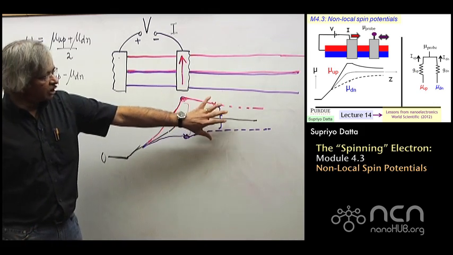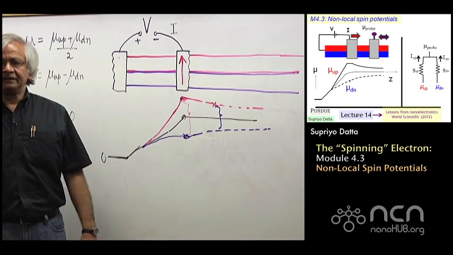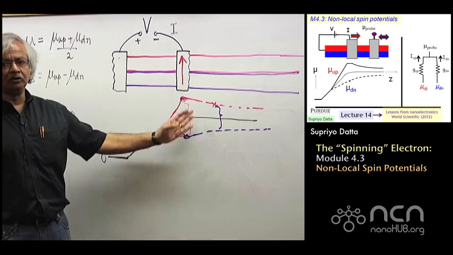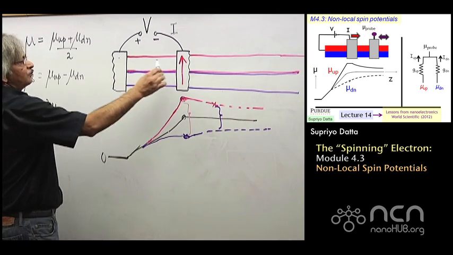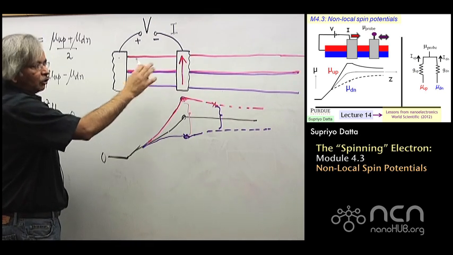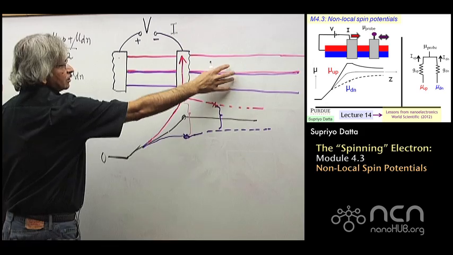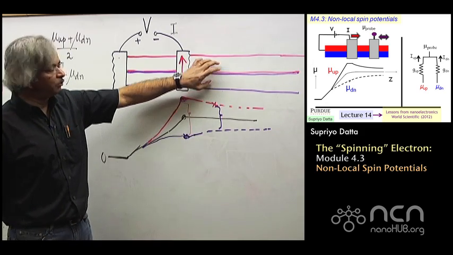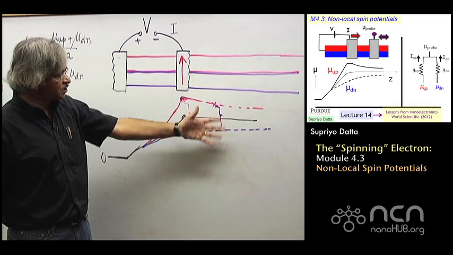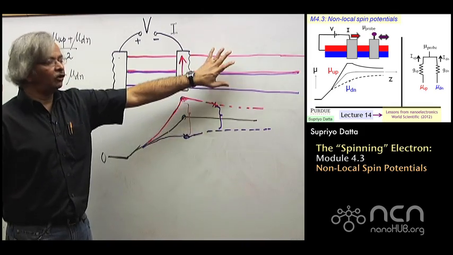But basically we'll be talking about this part, and the technical name is that people call these non-local spin potentials. Non-local in the sense that the current flow is all around here, and ordinarily you think that this is outside the current path. There is really no action there, nothing important going on. But the measurements we'll be talking about are really all outside here.